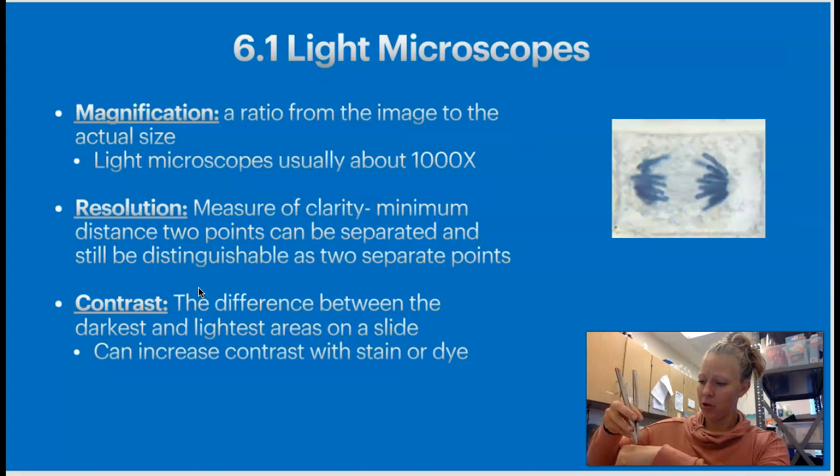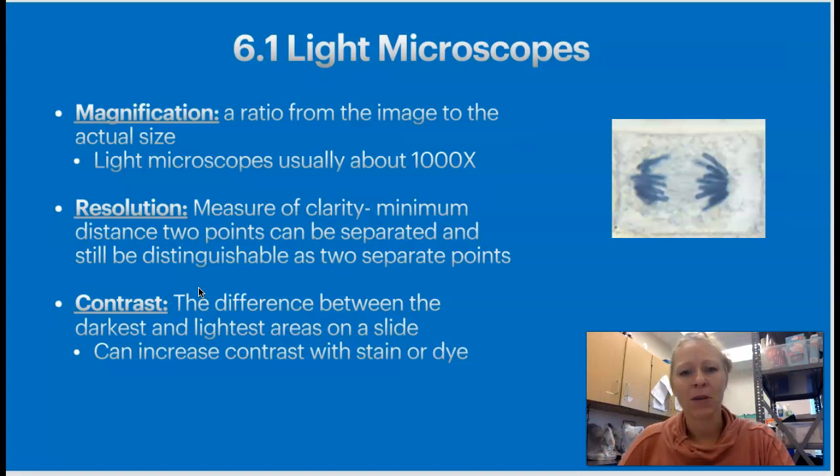When you put them close together on the back of your hand, you can't really feel that it's 2 separate objects until you pull them apart a little bit, and then you can feel that it's 2 different objects. And that's sort of the same concept as resolution. How far apart do the points have to be in order to distinguish that they are 2 separate points?